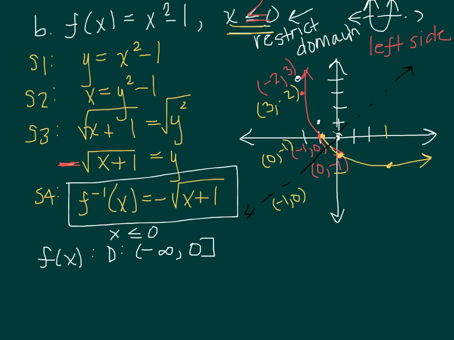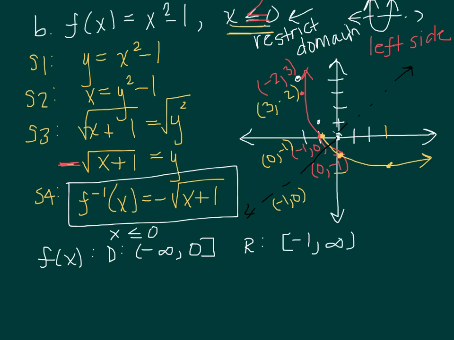And then my range would be -1, because if you notice the pink line, I'm going from -1 up to infinity.